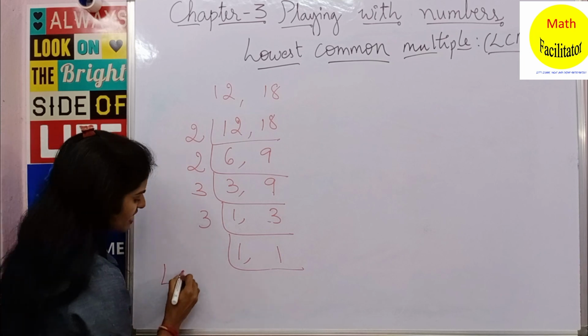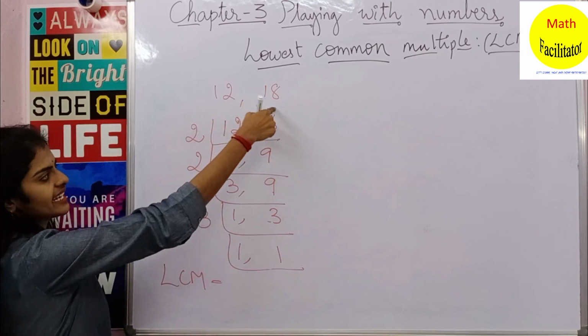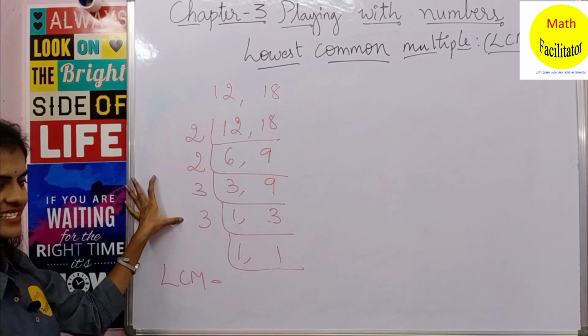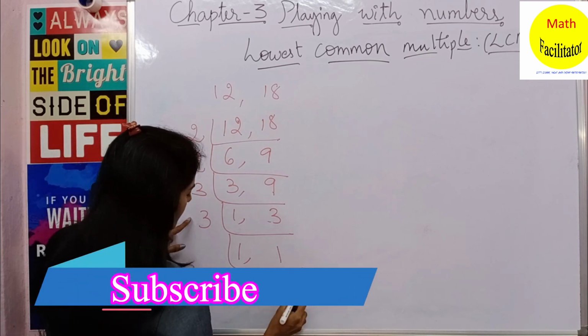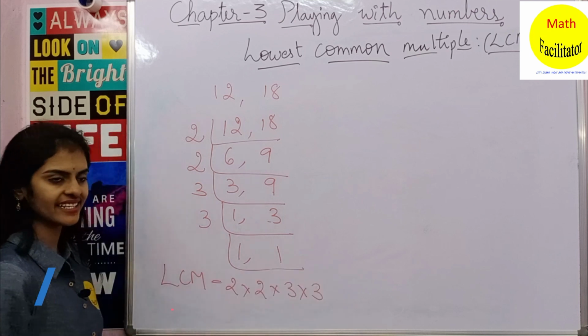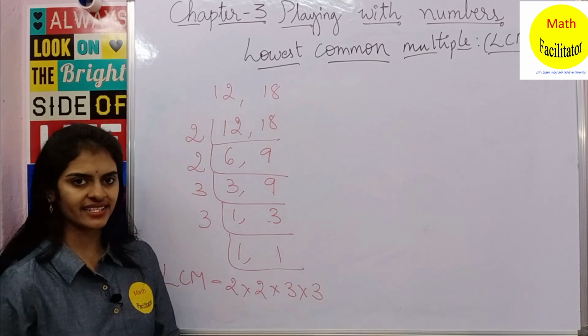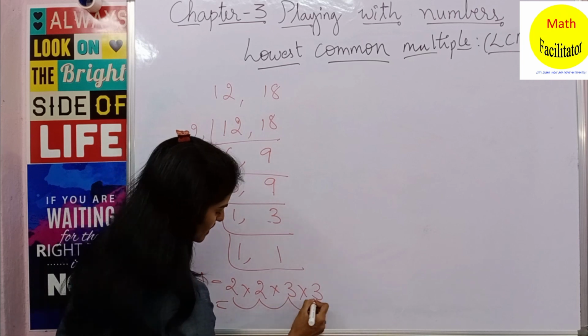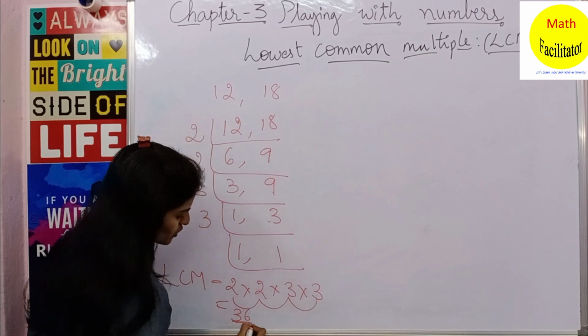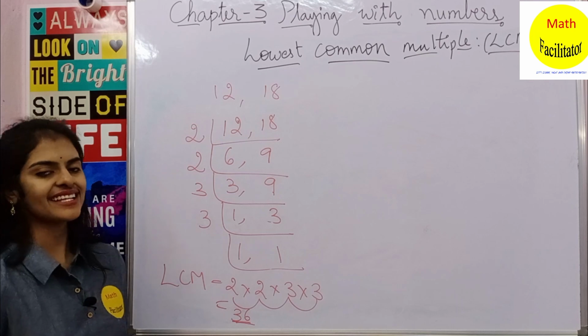So what is the LCM for 12 and 18? It is nothing but the product of these factors. So 2 into 2 into 3 into 3. Did we get the same answer as previously? 2 2s are 4, 4 3s are 12 and 12 3s are 36. So whichever method you use, you get the same answer.